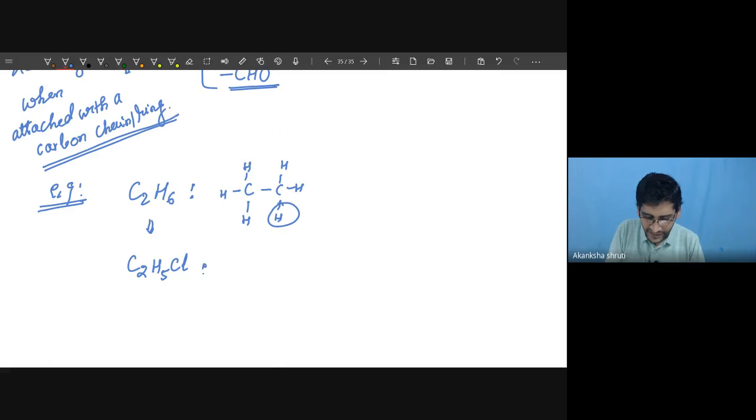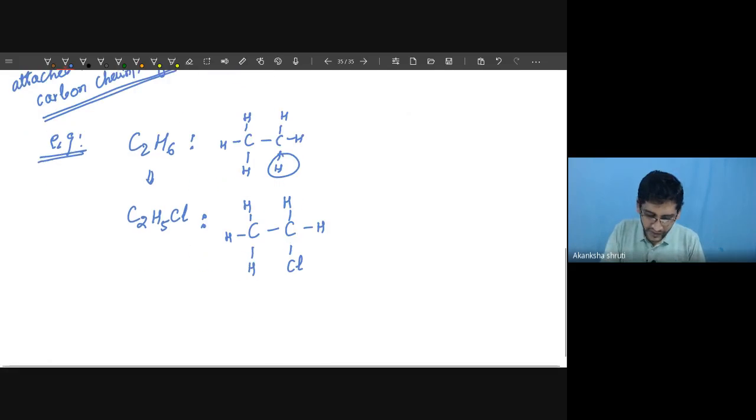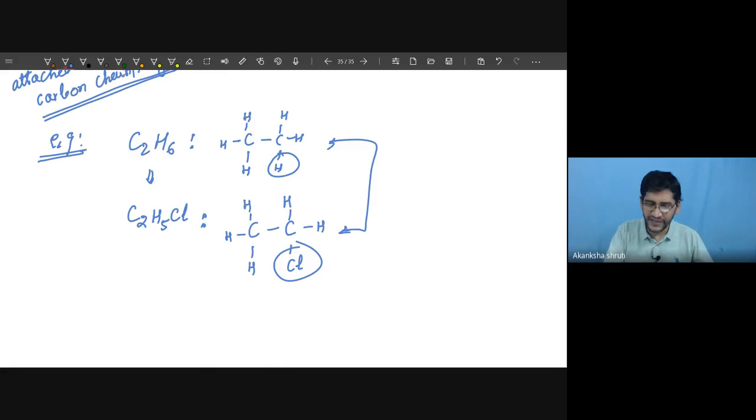Last day we learned that chlorine can be kept at any bond or position, because all these bonds are identical. I can place hydrogen at any of the 5 and chlorine at one bond. Will these two compounds be exactly the same or different? It is found that this new compound is entirely different from the first.